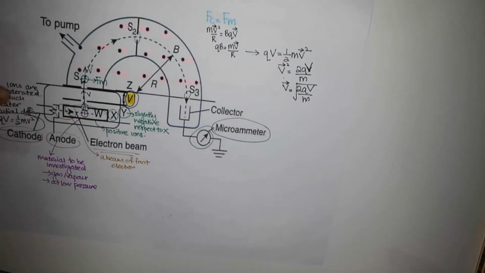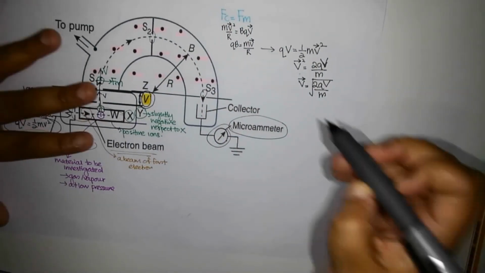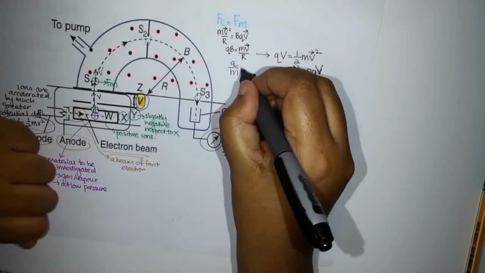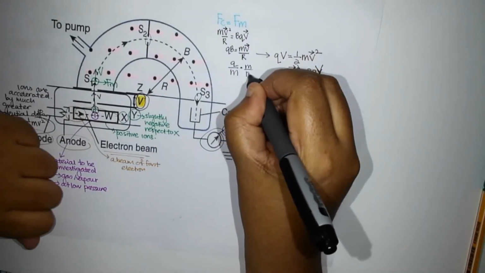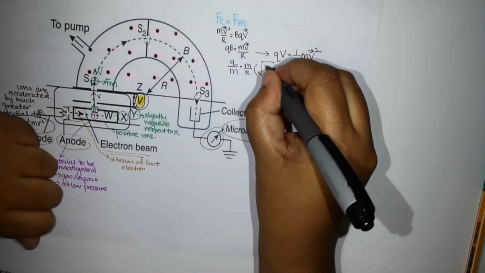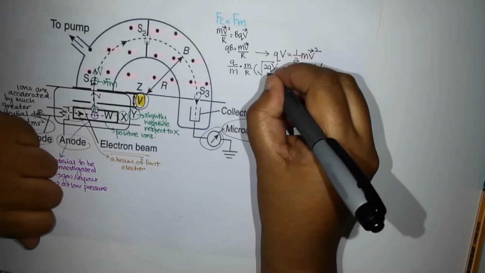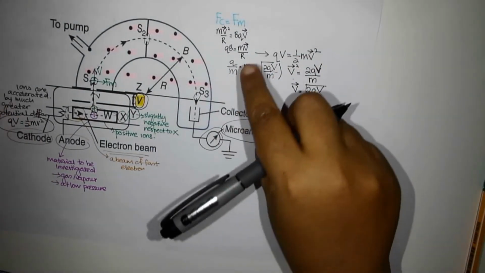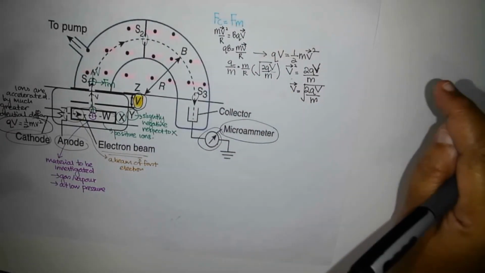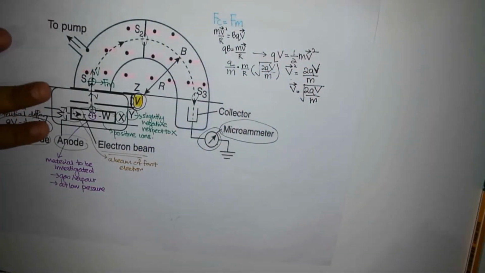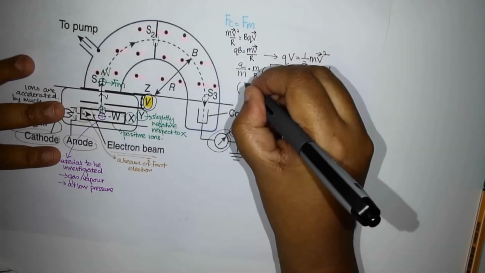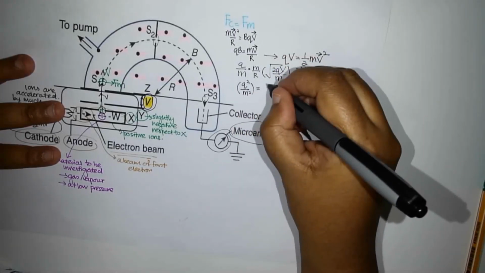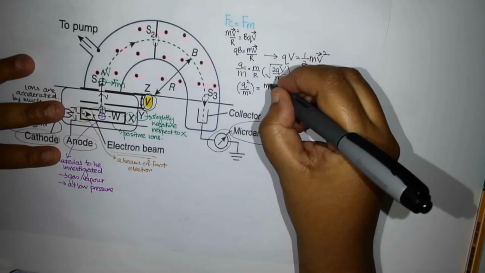Here I'm going to find Q over m. I'm going to substitute this inside here, so it is m over R, and substitute 2Q over m. What I'm going to do is remove this square root by squaring everything.